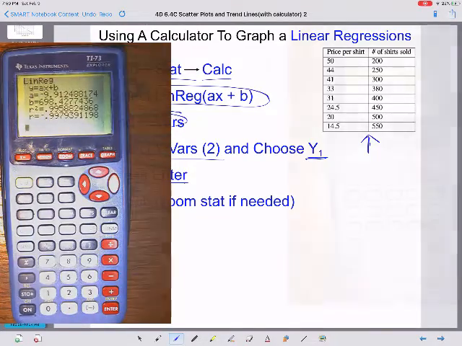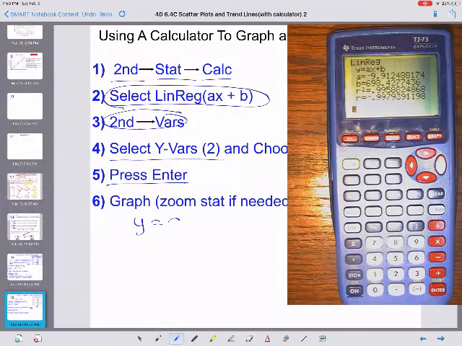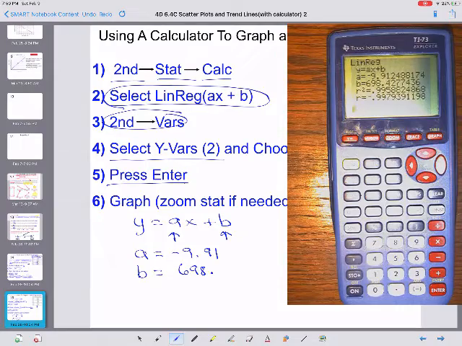And you'll see it gives me an equation. It says y equals ax plus b. We're used to seeing this as y equals mx plus b. So a is actually going to be the slope here. And then it says a equals negative 9.91, and I'm just going to round to the nearest hundredth there. And then it says b equals 698.4, I'm just going to round this up to 43.